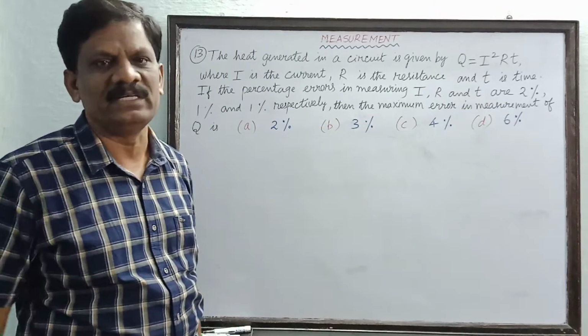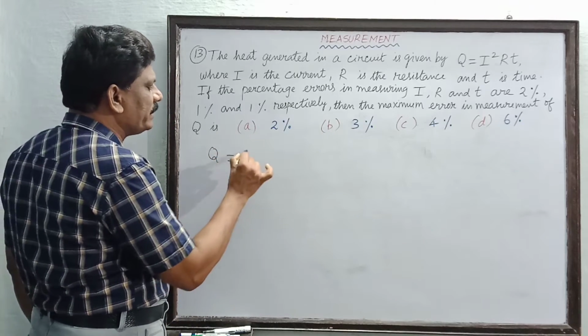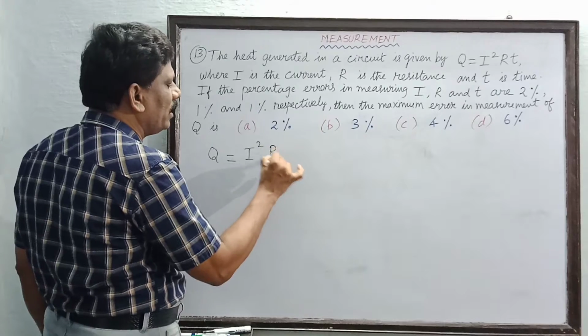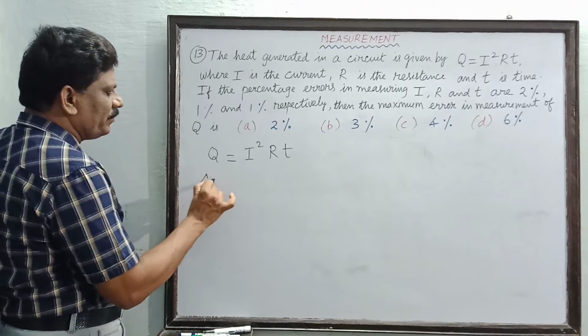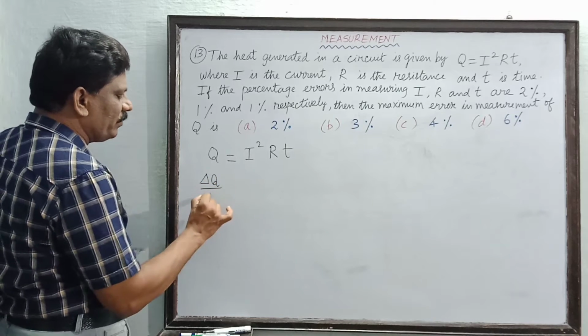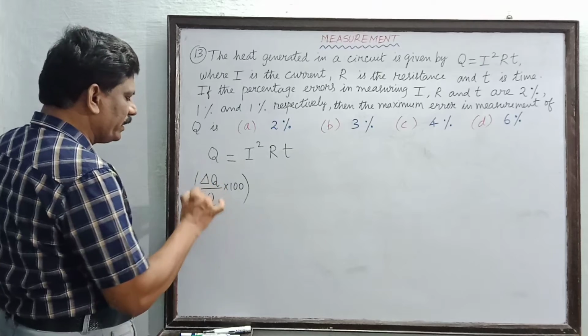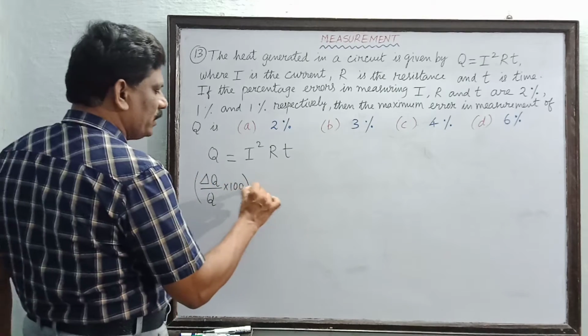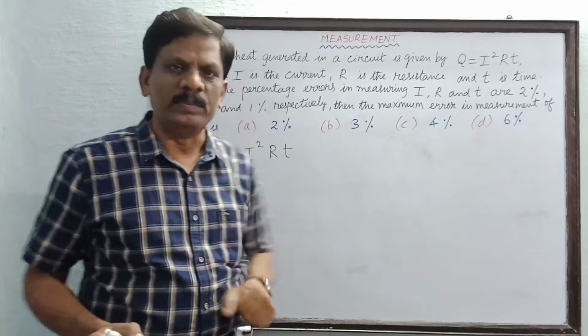Very simple question it is. So first we will write the expression for Q. So Q is equal to I square into R into T. So the percentage error in the heat produced is delta Q divided by Q into 100. Now this is equal to, current is raised to the power of 2.